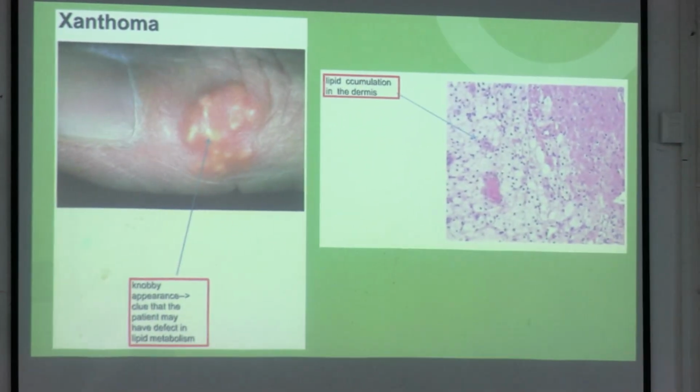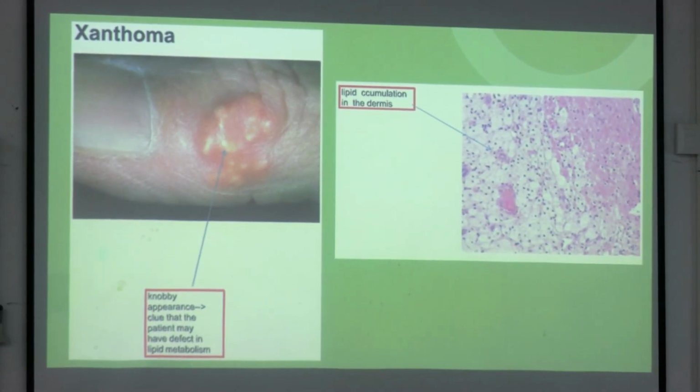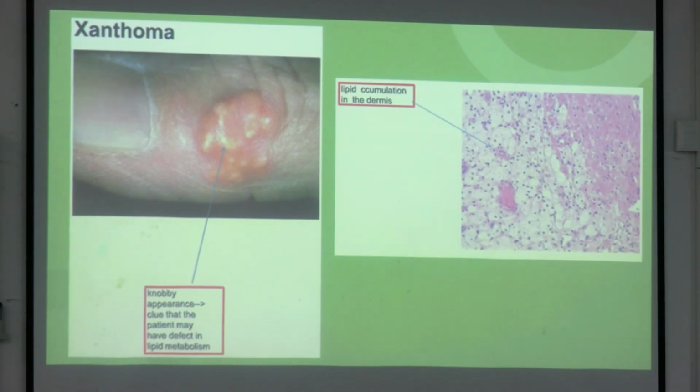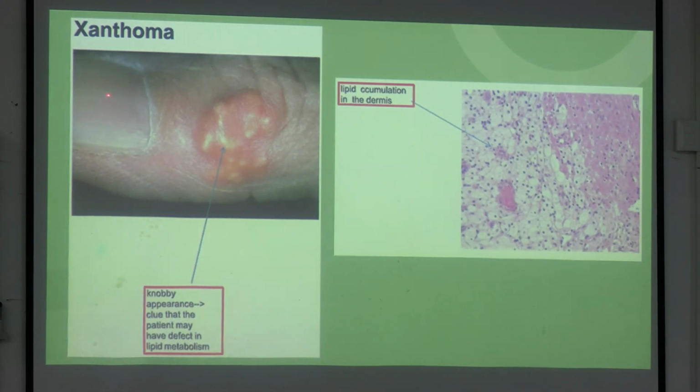Now xanthoma, I told you, is deposition of cholesterol ester and cholesterol in skin and subcutaneous tissue, forming these knob-like structures, mostly on the extensor surface of the upper arm and lower limb. Okay, this is the thumb.